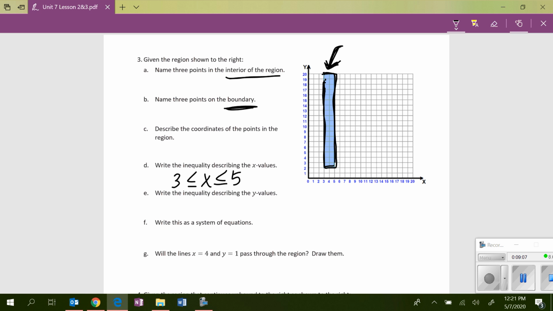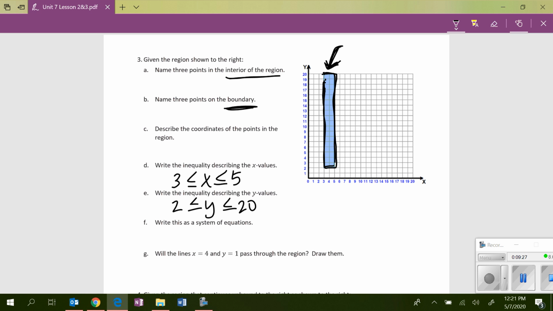For my y values, you notice how it doesn't go below 2 and it stops. It doesn't go above 20. So those are my bounds for y. 2 is my lowest end, and 20 is my highest end.